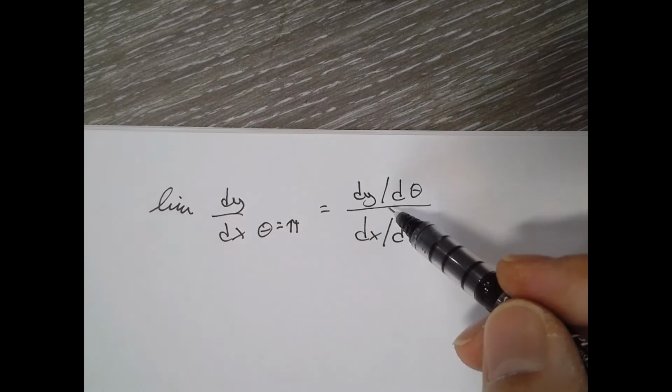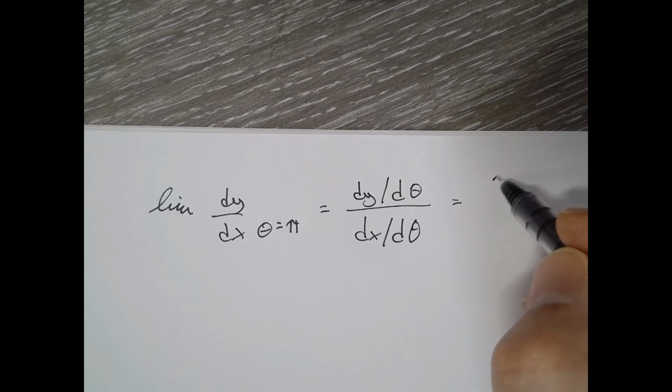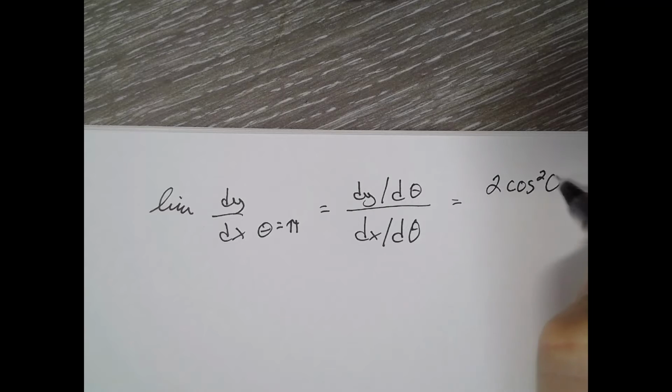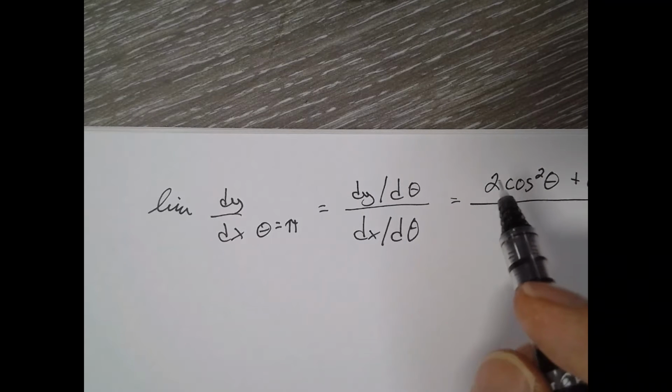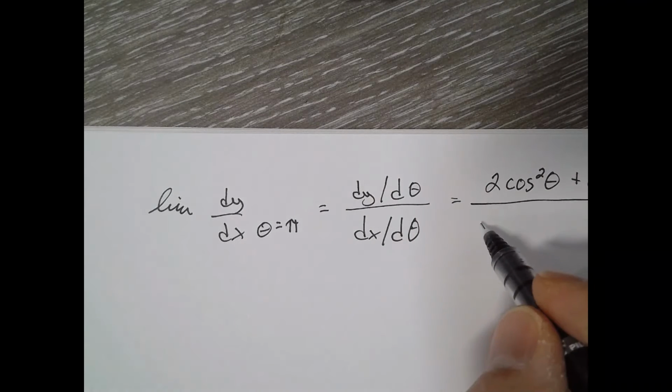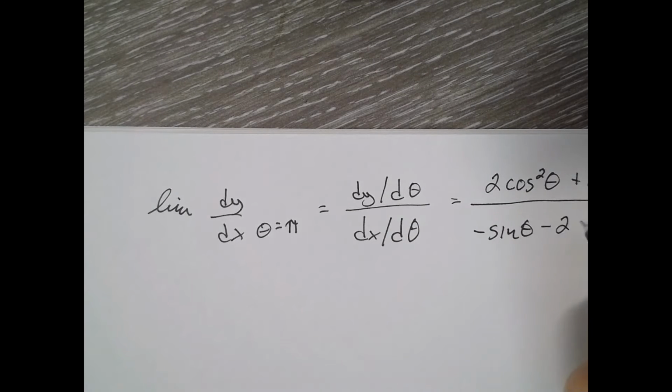Okay, so dy d theta we found up there. That was, one version would be 2 cosine squared theta plus cosine theta minus 1. Dx d theta is negative sine theta minus 2 sine theta cosine theta.